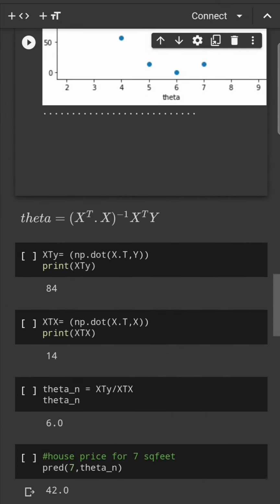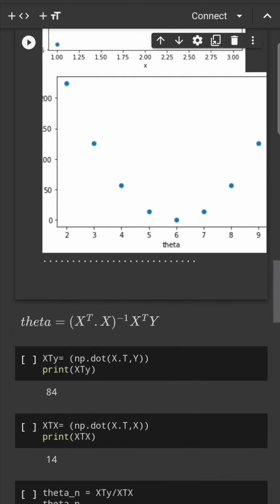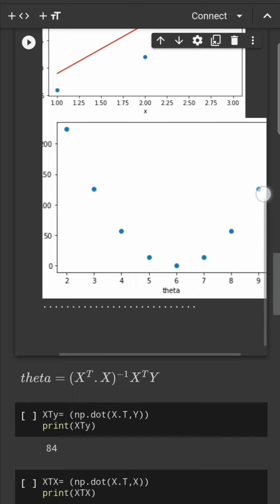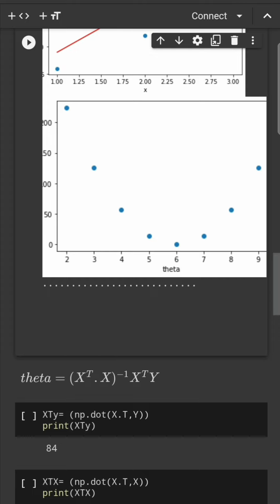Okay, so in this one, I want you to notice this: let's say our random weight initially was 9 something, right? If you have a random weight of 9 something, our goal is to bring this theta closer to 6. So what function should I subtract from theta so that I go closer to 6?